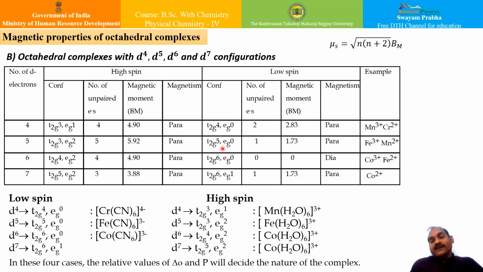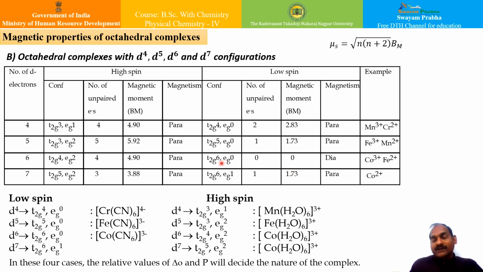Now in certain cases you can have the low spin complex as well, because in d4 system it is also possible to have t2g4 kind of arrangement, or t2g5 arrangement in d5, or t2g6 arrangement in d6, and t2g6 eg1 arrangement in d7.